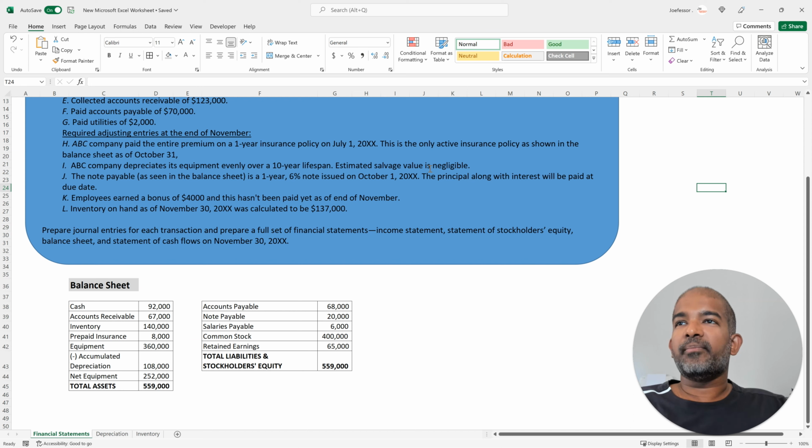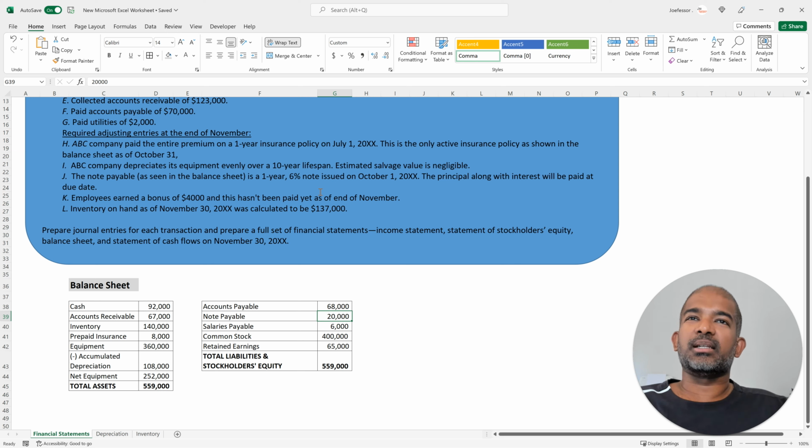Then part J, the note payable as seen in the balance sheet is a 1-year 6% note issued on October 1. The principal along with the interest will be paid at the due date. The note payable here is 20,000, a 1-year note at 6%, issued on the 1st of October.